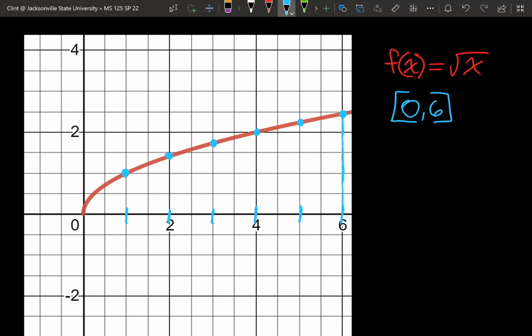Then to draw in our rectangles, the endpoints tell us how tall they all are. So there are 6 rectangles.